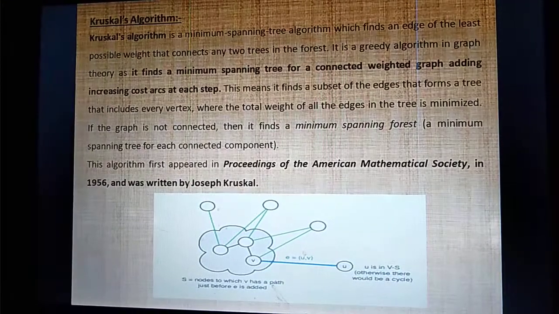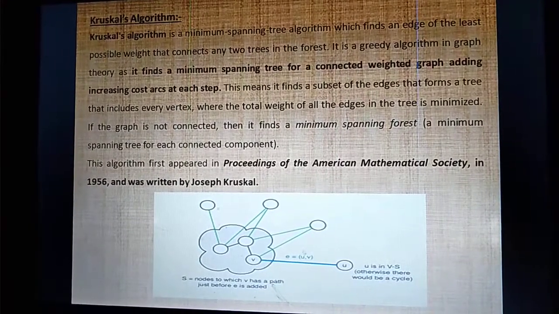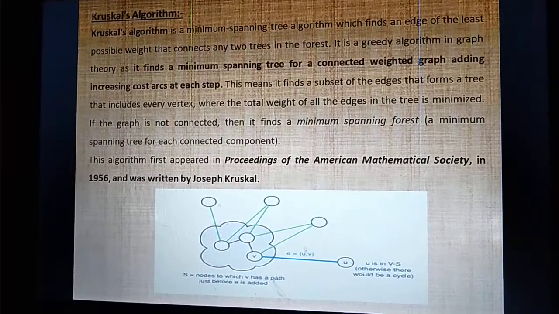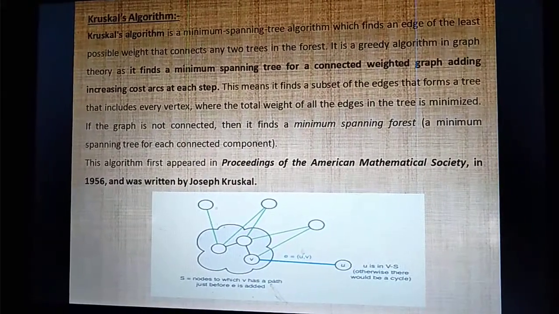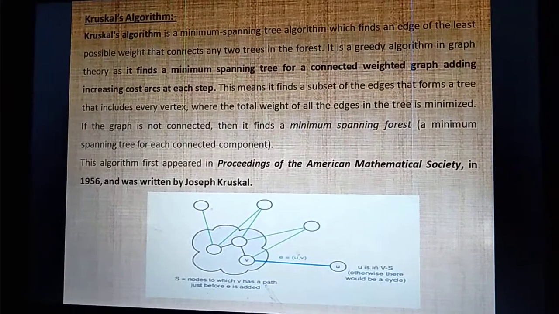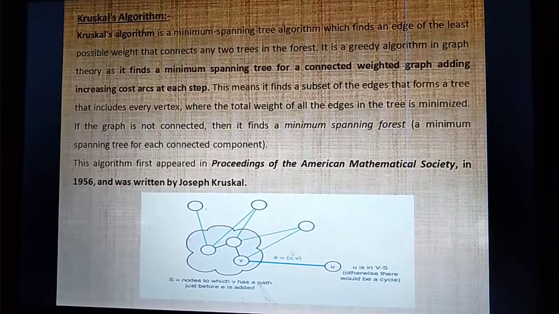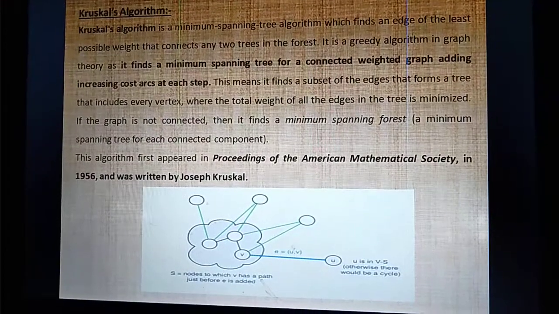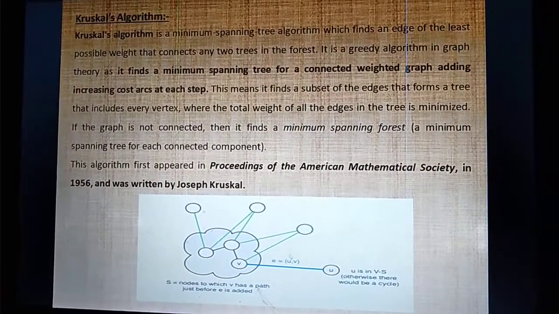Why is this a greedy algorithm? Because it finds a minimum spanning tree for a connected weighted graph, adding increasing cost arcs at each step. That's why this particular algorithm is also known as a greedy algorithm.